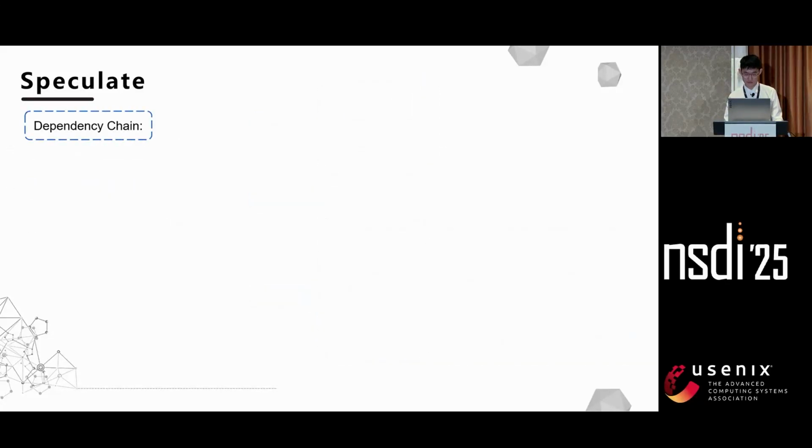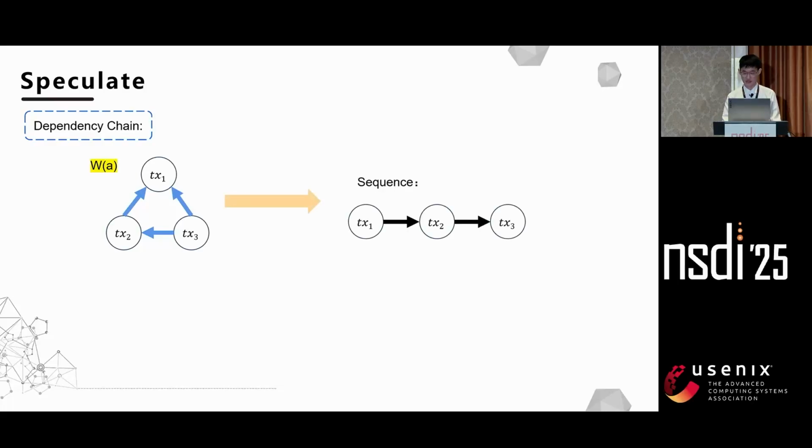In the speculation phase, we first have to mention the dependency chain problem. In a dependency chain, for example, TX1, 2, 3 all write key A, so they have to be executed serially, which decreases the parallelism of execution.